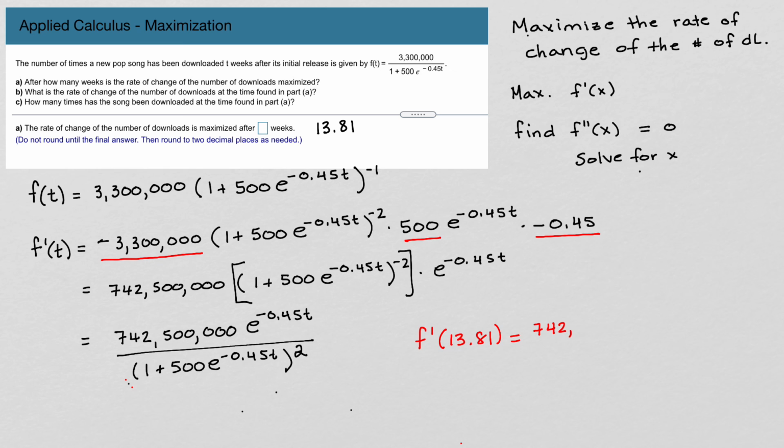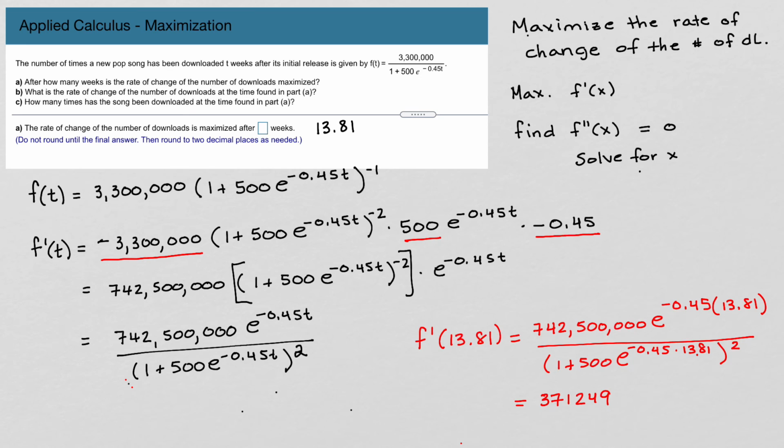So you're going to take the 742,500,000 times e to the negative 0.45 times 13.81 and put that all over 1 plus 500 e to the negative 0.45 times 13.81. And then we're going to square that. And I get 371,249.